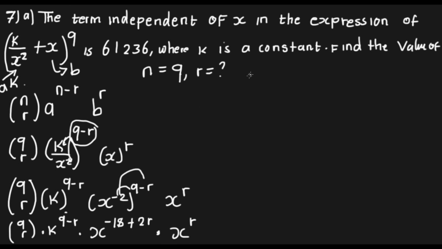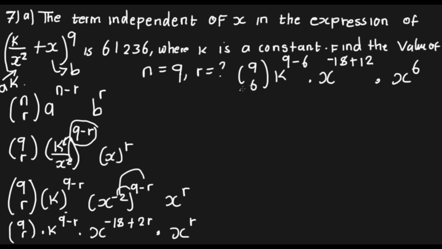So the expression is 9, then where there is r, I'll put 6, multiplied by k raised to the power 9 minus 6, times x raised to the power negative 18 plus, since r is 6, 2 times 6 is 12, so we have a 12, times the x raised to the power 6.